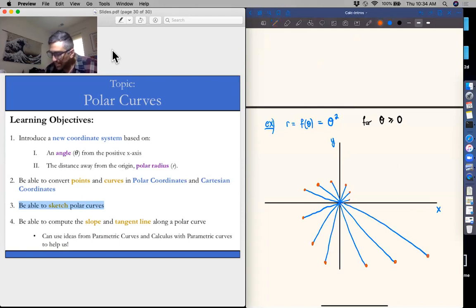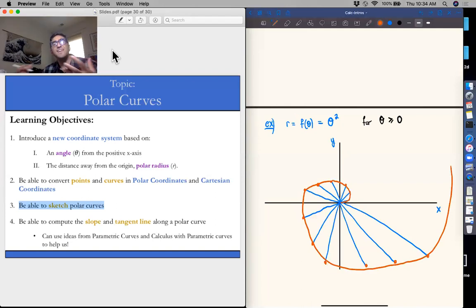At any of these angles, our angle's increasing and r is increasing by the square of it. So if we actually go ahead and sketch this, the shape that this starts sketching out for us, oops, this is really bad, I apologize, is actually a spiral looking shape.